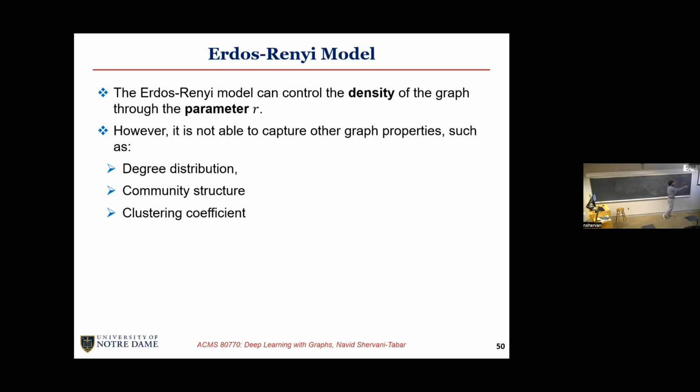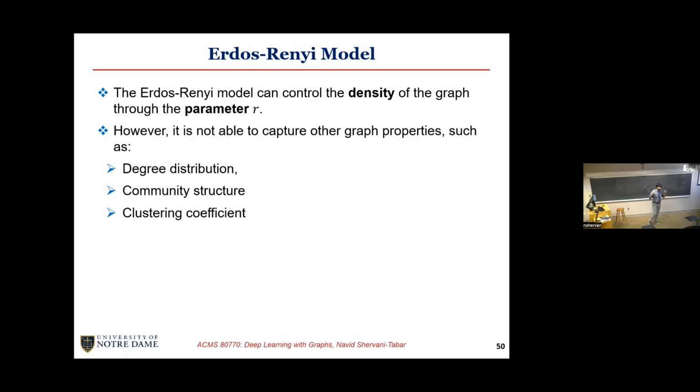For instance, for the degree distribution, we can show that it follows a binomial distribution, and the tails go to 0. It doesn't have heavy tails. Therefore, it doesn't follow a power-law distribution. It doesn't show nodes that have unusually high degrees.